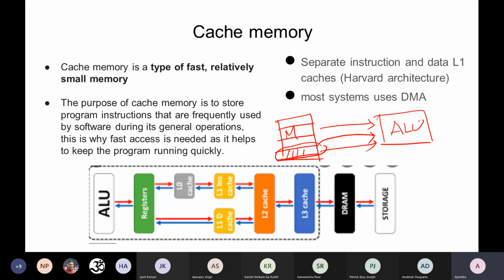You are wasting some time to identify a particular memory block, and then to fetch data from that memory block. That requires a significant amount of time, and that's why memory read and write is costly.